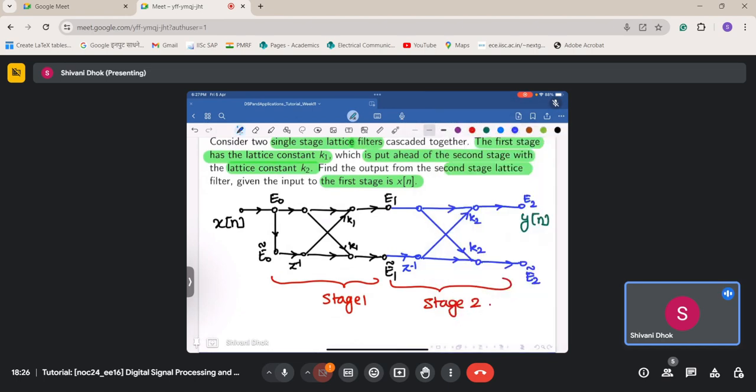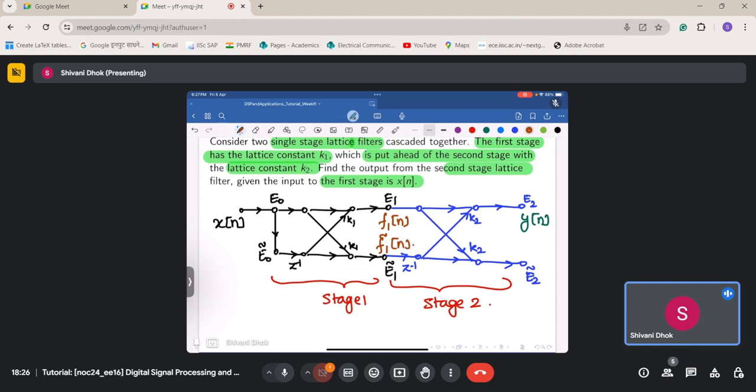For that, let us say the output here is f1 of n, and here it is f1 tilde of n.